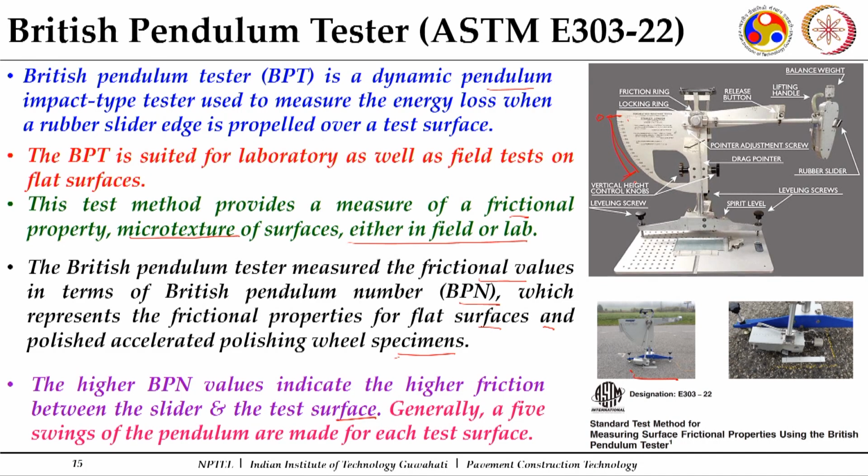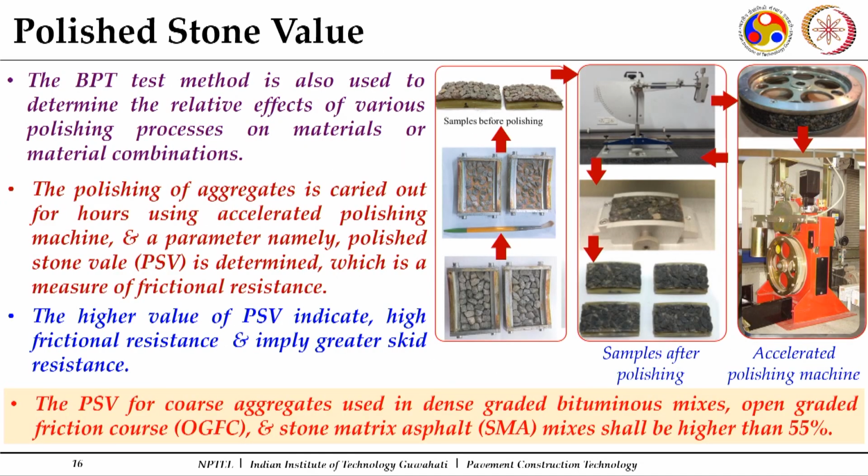That means more friction was there between the rubber slider and the test surface. Generally, for any particular surface you make repeated determinations with 5 swings of the pendulum.